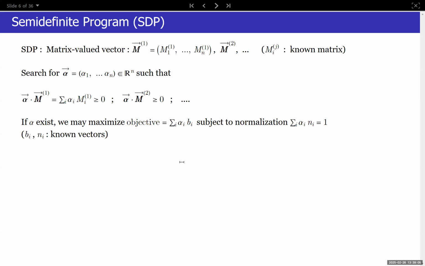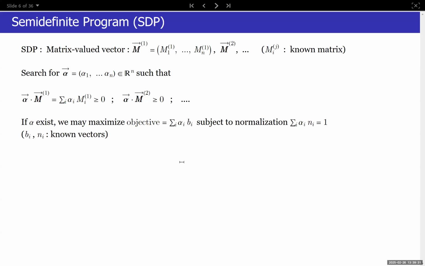If alpha exists, we have a space of alpha that satisfies all the conditions. Then in this space of alpha, we might choose to maximize a certain objective. For example, we might try to maximize alpha dot b, where b is some known vector that you choose.